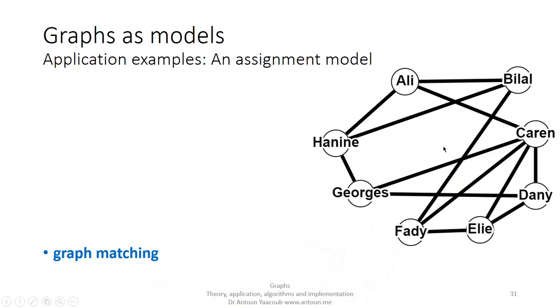This is what we call a graph matching. We try to match the vertices in the maximum possible way. Sometimes it's possible, sometimes it's difficult, and we will see how to do that because we will have a dedicated chapter on bipartite graphs and matching.